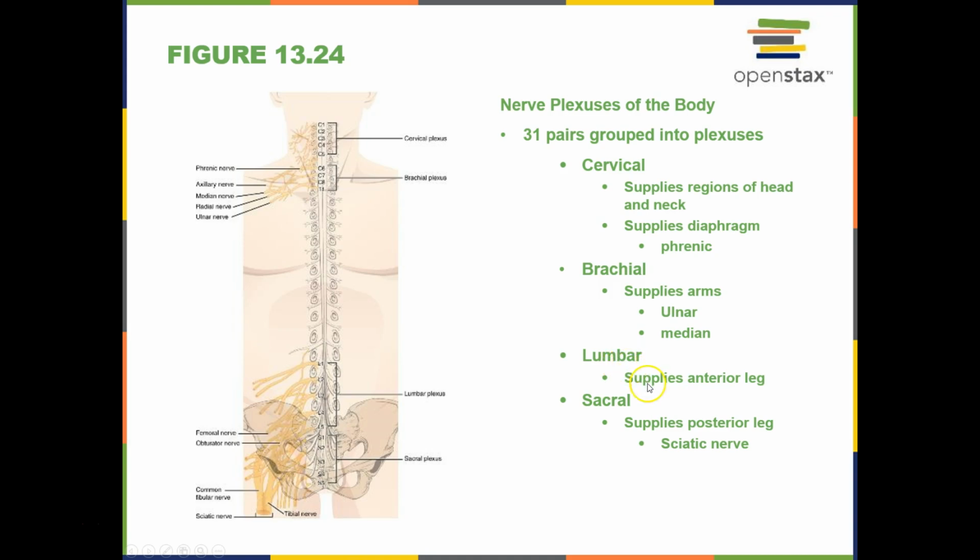The lumbar nerve supplies the anterior leg, containing the femoral and obturator nerves that stimulate that anterior leg. I don't tend to ask a lot of questions about those, so I probably won't. But then the sacral nerve supplies the posterior leg, and the major nerve that I like to always talk about is that sciatic nerve, because that's probably the most common nerve. Most people know that nerve. It causes a lot of pain when compressed.